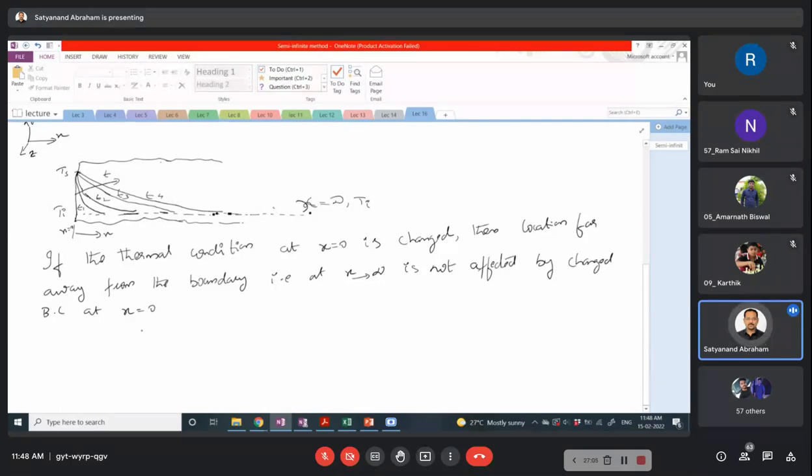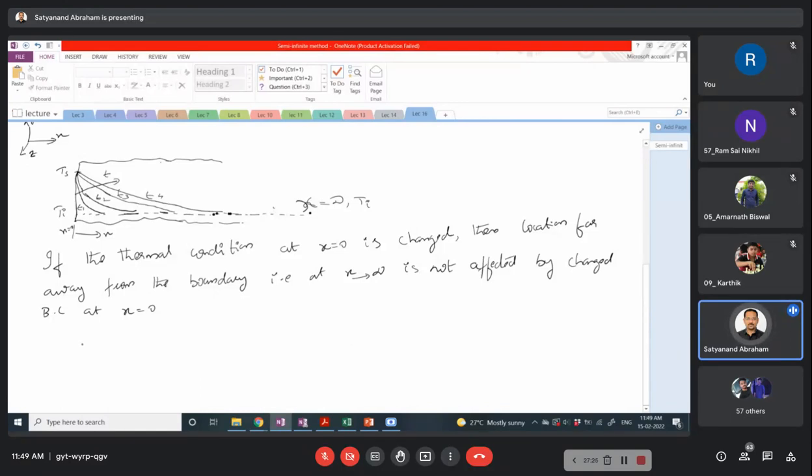Based on this, we can derive our basic governing equation as well as the boundary conditions. So now we are trying to reduce our governing equations as well as the boundary conditions.